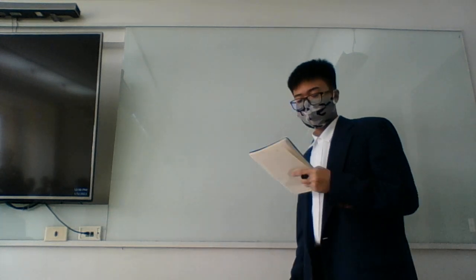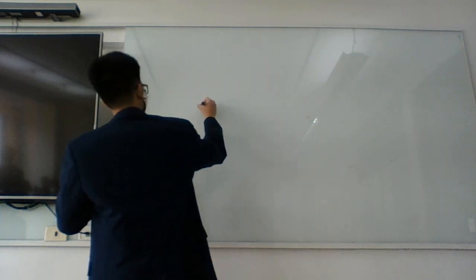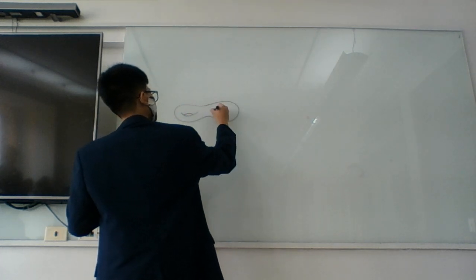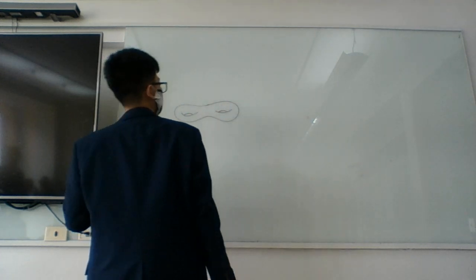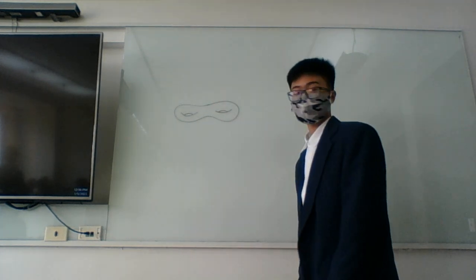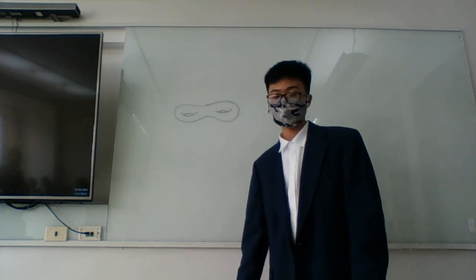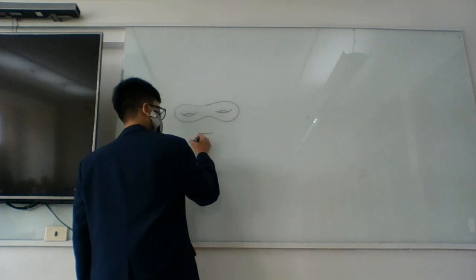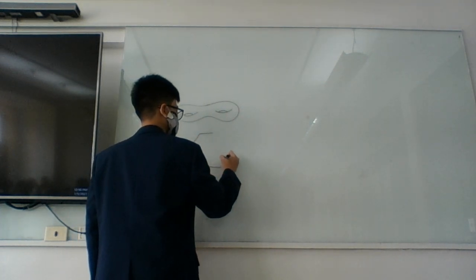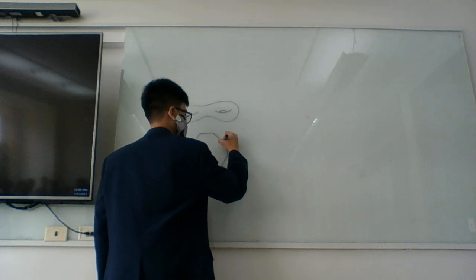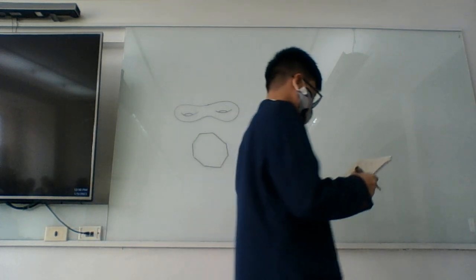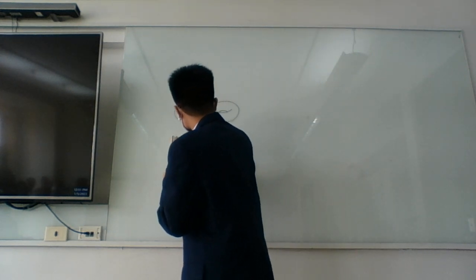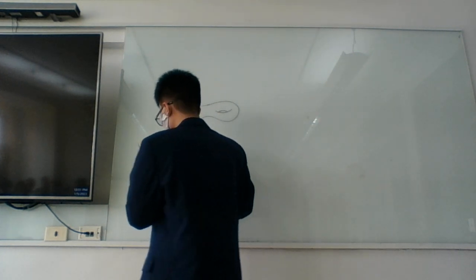Okay, so I have my genus 2 surface over here. And its identification space is surprisingly an octagon. This is its identification space. And the points are, or each edge is identified as such.